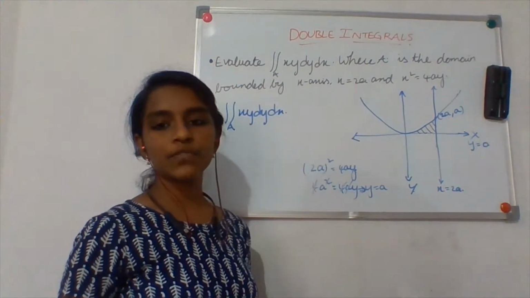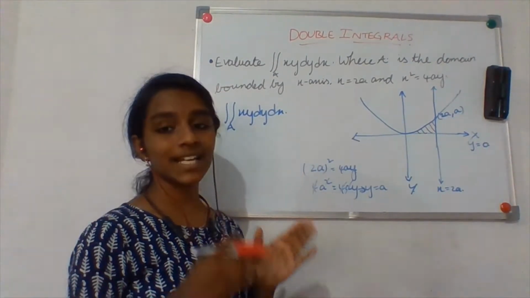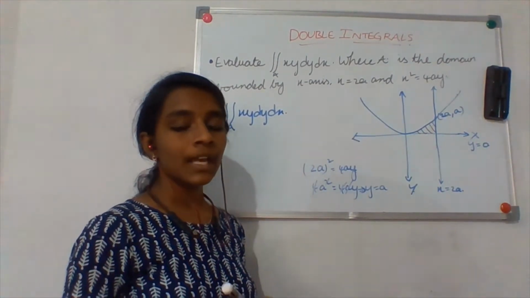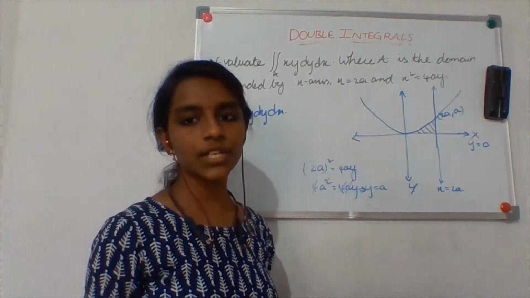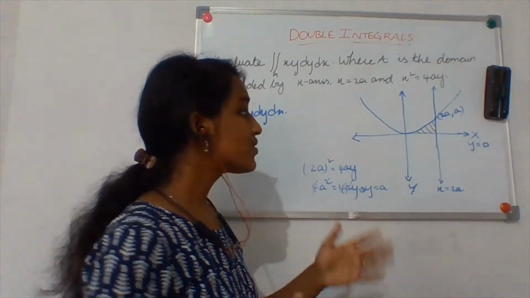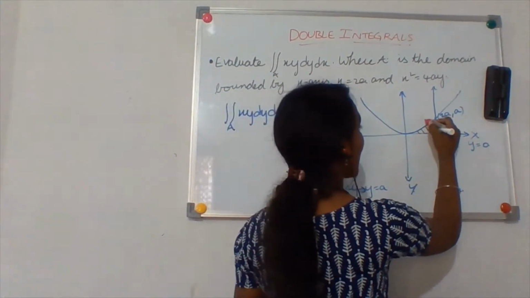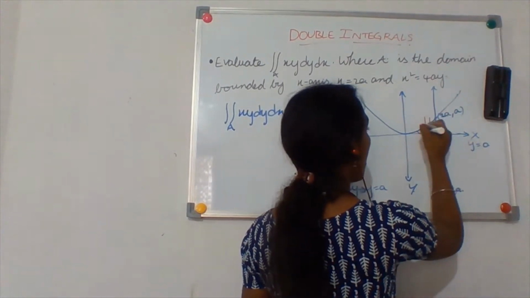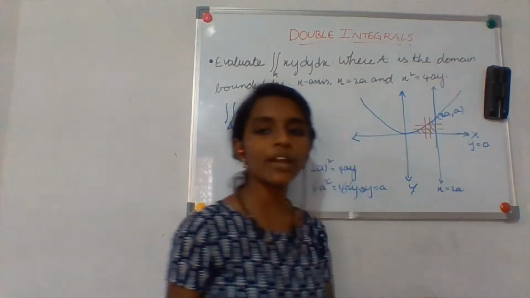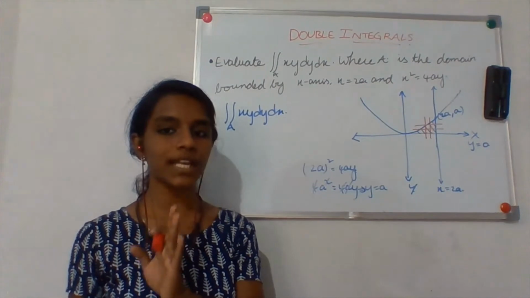To find the limits from this, we have to first take a strip in that area. He didn't give us any strip over here and didn't give any conditions over here. So you can take the strip either parallel to the y-axis or parallel to the x-axis, but you have to take any one way. So choose any one way.